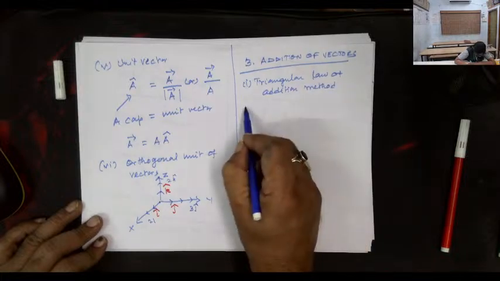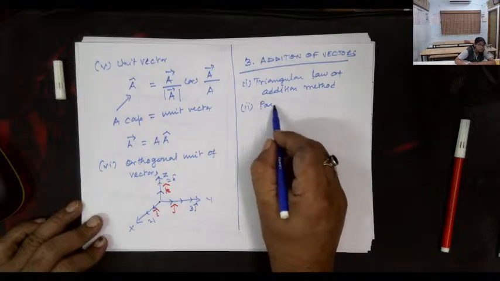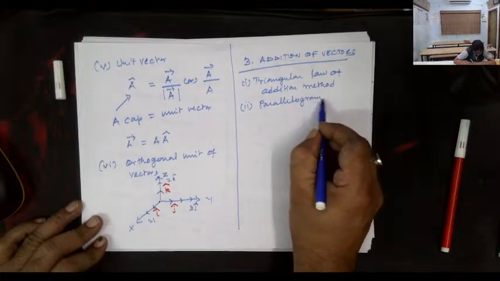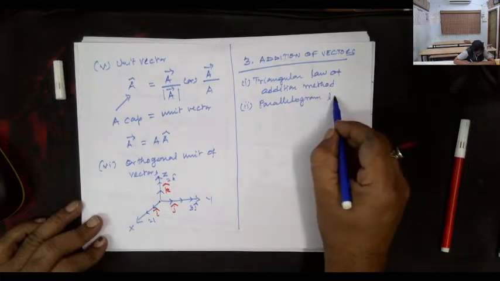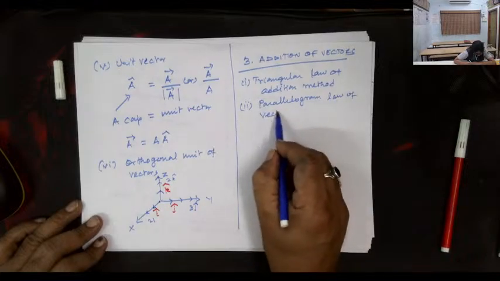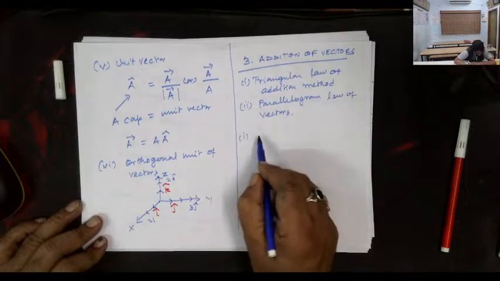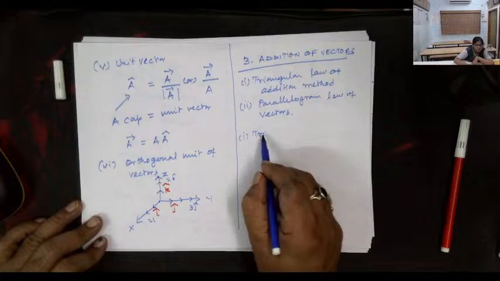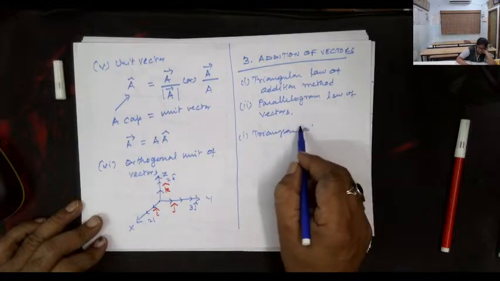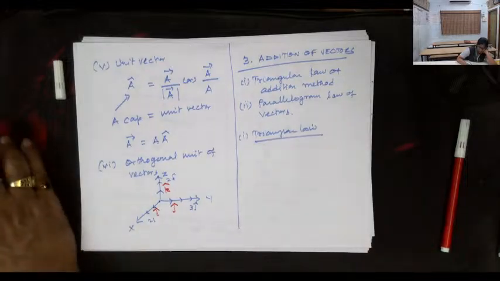Another method is the parallelogram law of vectors. First, let us see the triangular law of addition method.